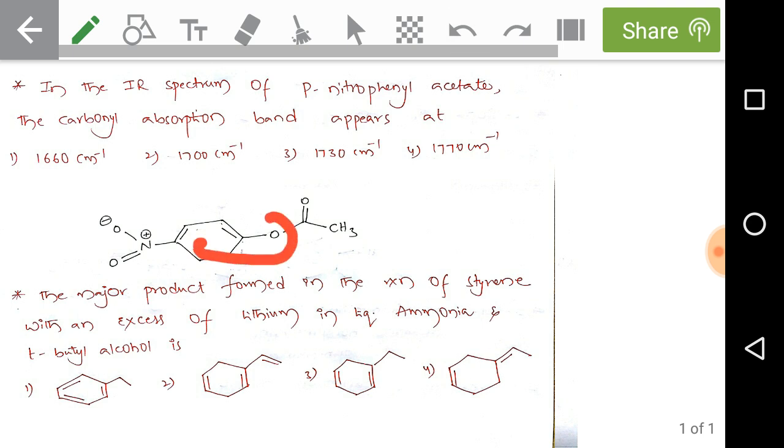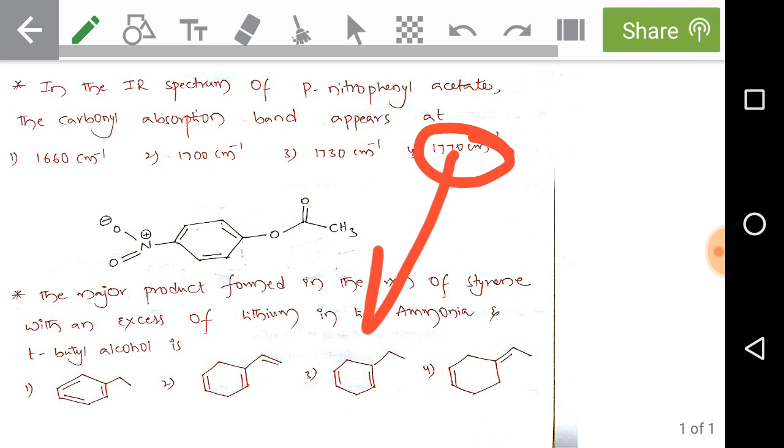Electron density moves towards this heteroatom, and the electron density of this oxygen is donated, that means the electrons from that heteroatom are dragged by this carbonyl group, and electron density increases on this carbonyl carbon. So that leads to a decrease in IR stretching frequency. That means from 1772 it decreases further to nearly 1700 to 1750, in between that. Okay, right. Just remember those important points for this.